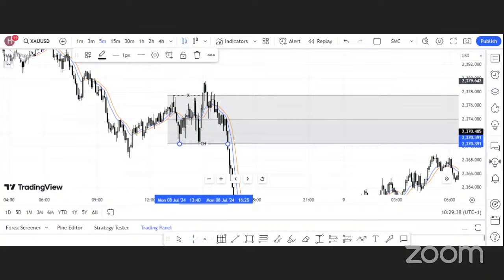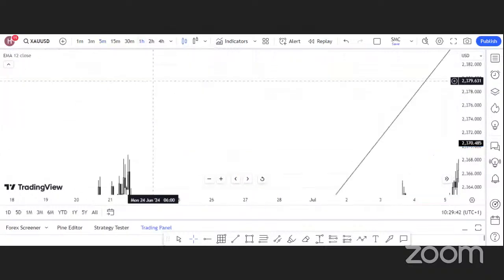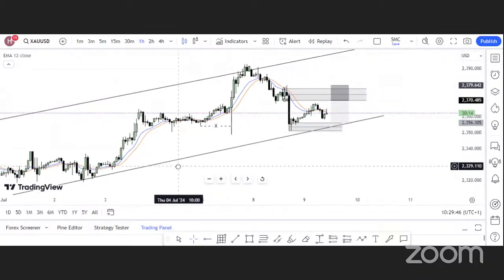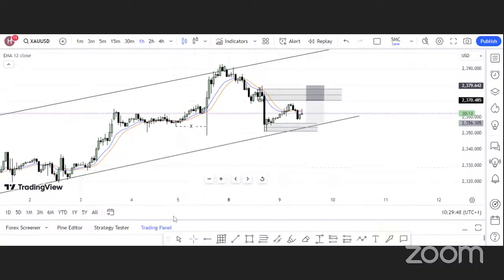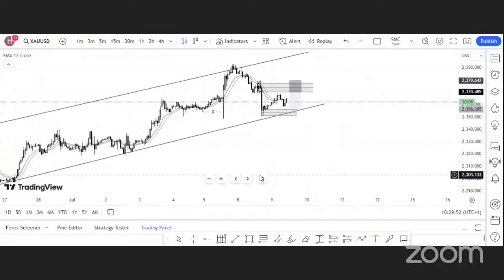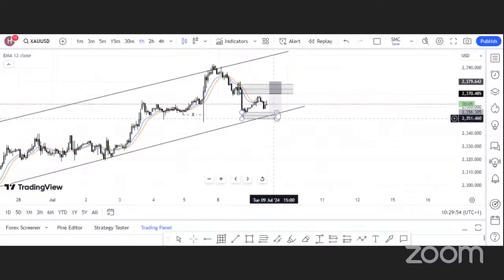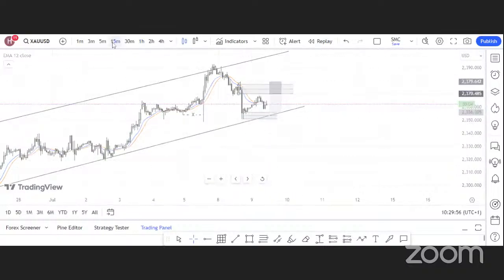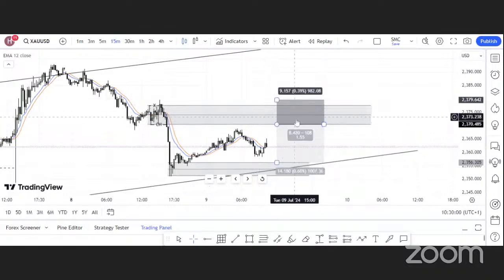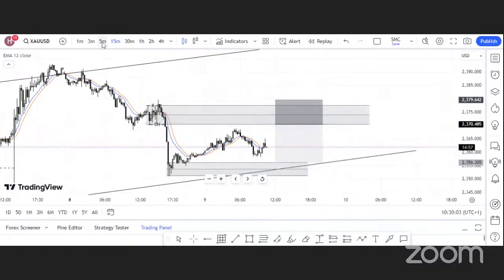All right, let's continue, guys. As I've said earlier, I expect a drop from this level, right?